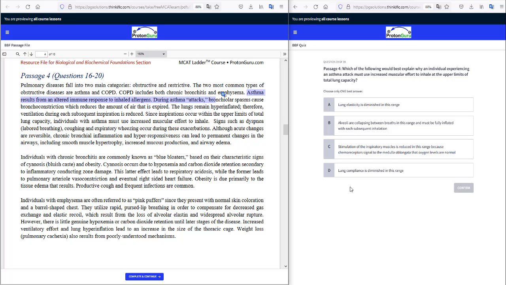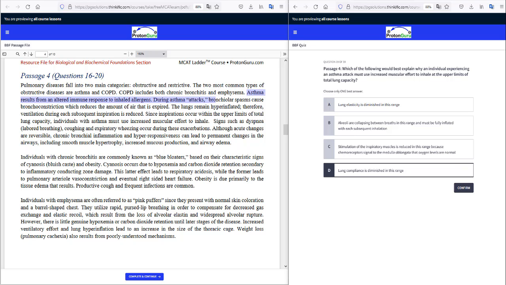Or lung compliance is diminished in this range. We talked about some of these things already, and answer choice D is already seeming to be reasonable because we talked about lung compliance being diminished in these patients already. And here it really is the only viable explanation for the increased muscular effort necessary to inflate lungs at the top of their capacity.